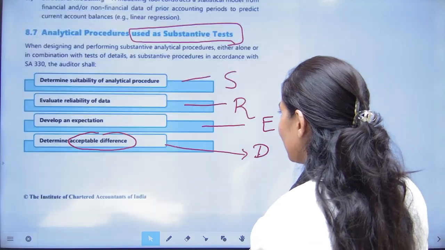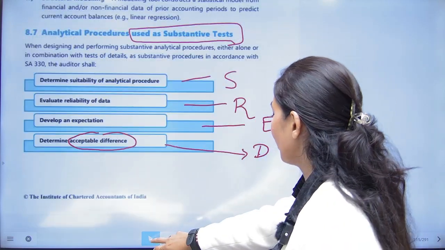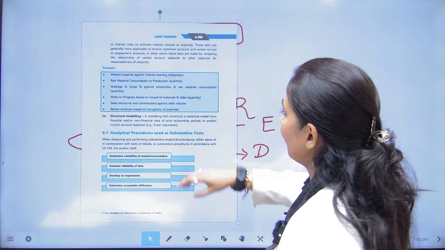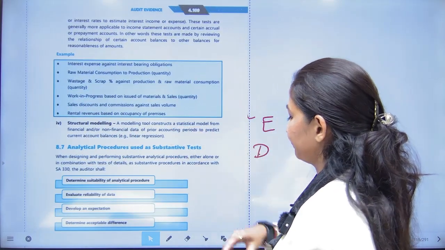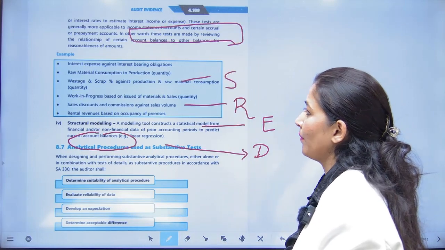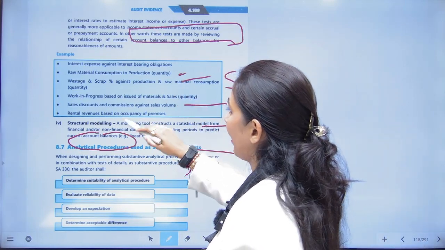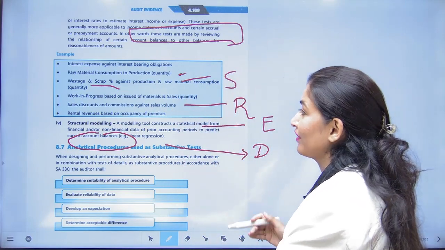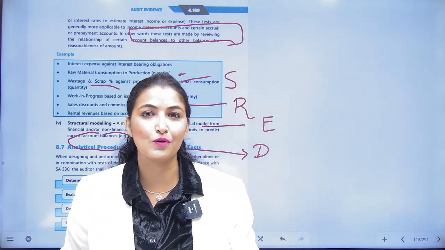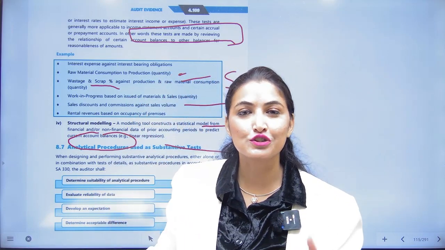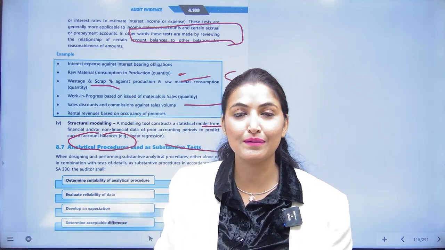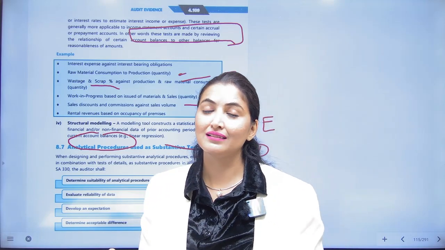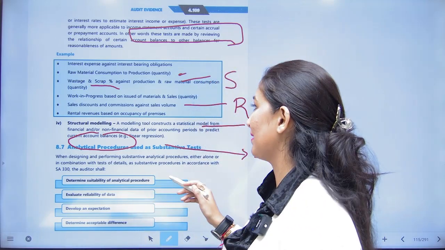So when you see reasonableness, what all things you have to see is it really reasonable in this particular industry to have this kind of information, like what is the raw material consumed, raw material to your production cost, what is the wastage percentage against my production, what is my work in progress, what is my discount. There's a particular discount that is given. So is it really reasonable? Is that particular person taking so much or consuming so much that this amount should be given to him as a discount?